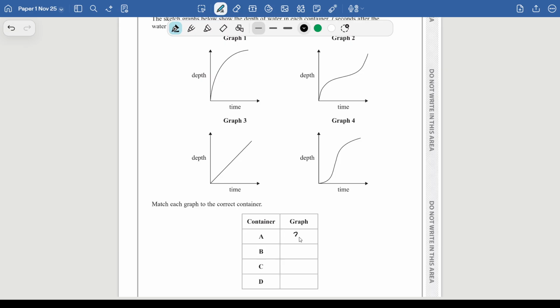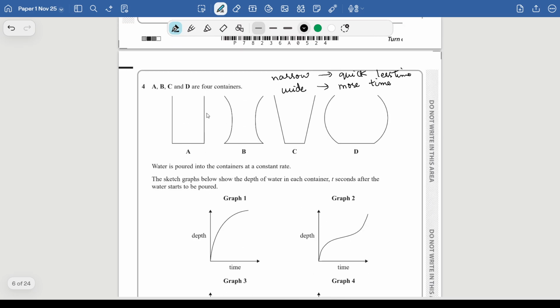So I'm going with graph 3 for container A, because the rate of change of the water is constant here. For container B, here we see the depth is a little wider, and then it gets narrower here, and then toward the top it gets wide again. So this is wide, this is narrow, and this is a bit wide.